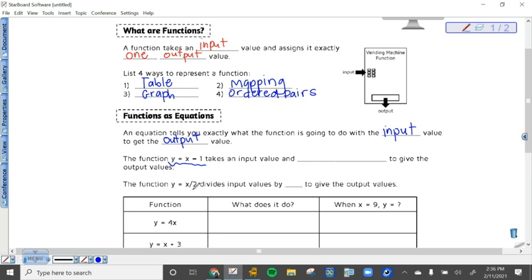What happens to the x? Yeah, we subtract 1 from it. We take away 1 from it. So it takes an input value and subtracts 1 to give you the output value.